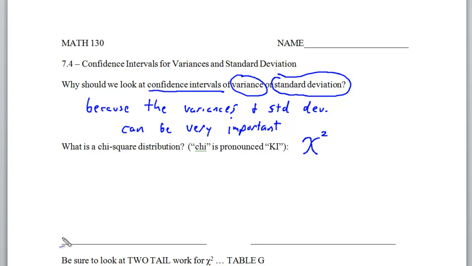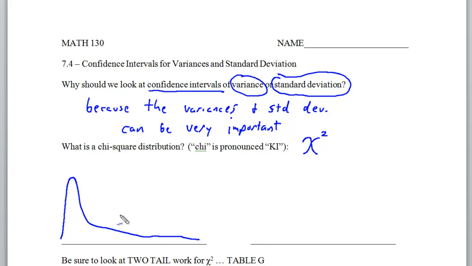Now, this chi-squared distribution is a family of curves based on the degrees of freedom, and if you have a very small sample size, your graph is going to be extremely skewed to the right.